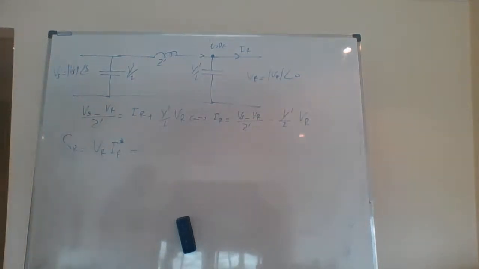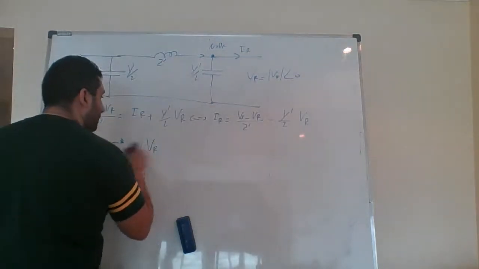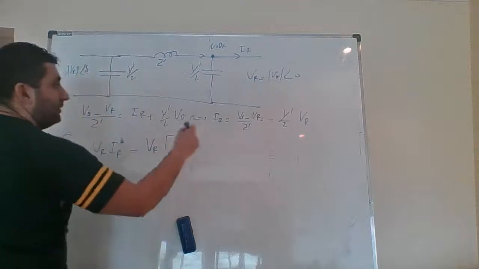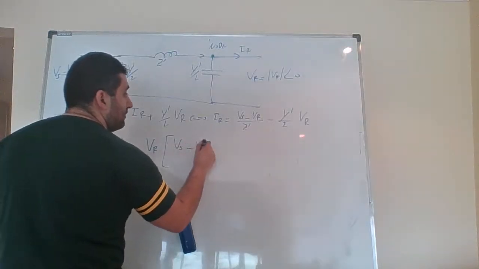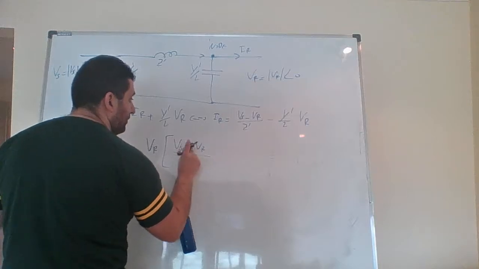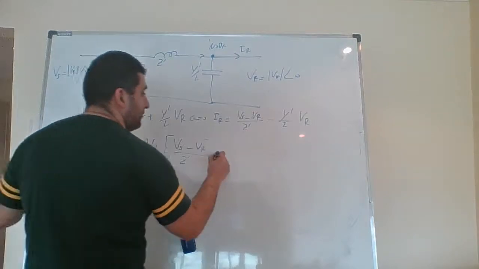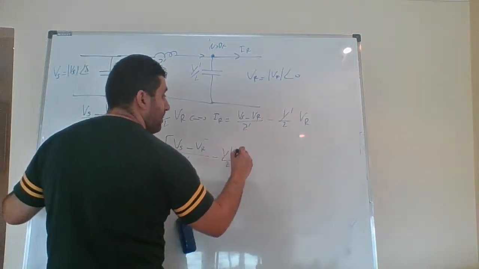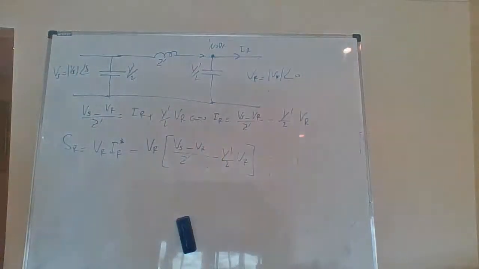I multiply this, which is equal to, guys, pay attention, Vr multiplied by (Vs minus Vr) over Z dash, minus... Is that clear? Is that clear, guys?